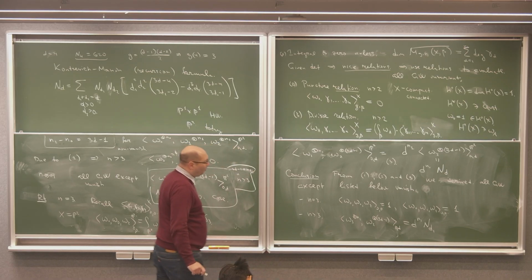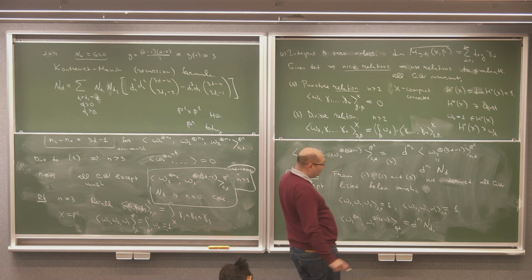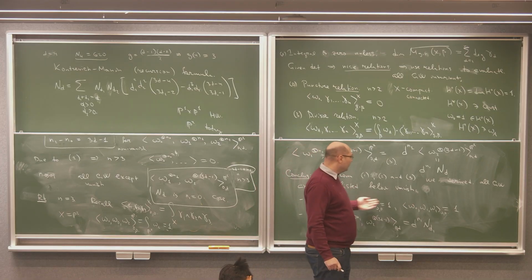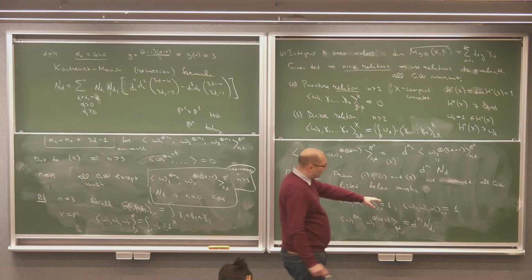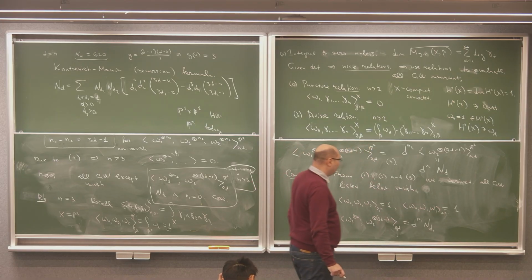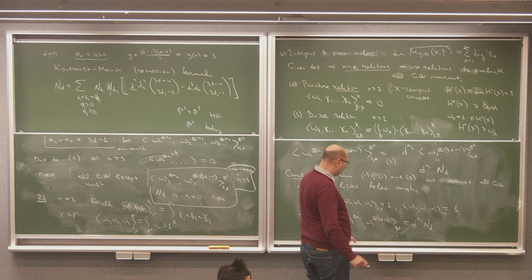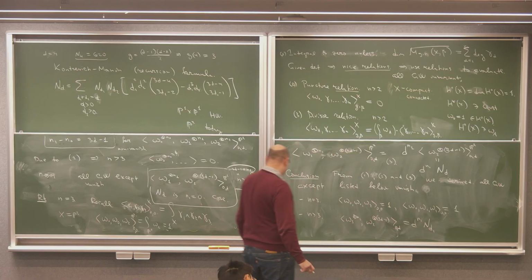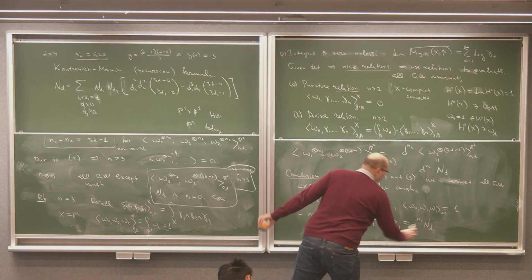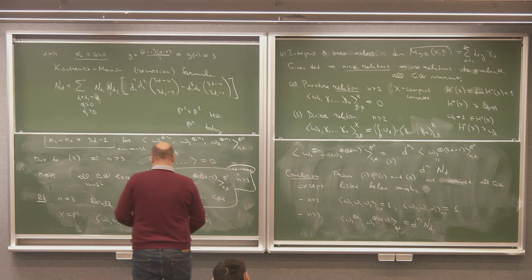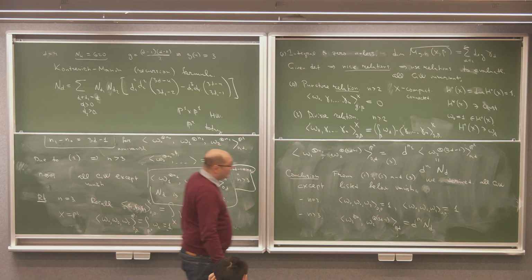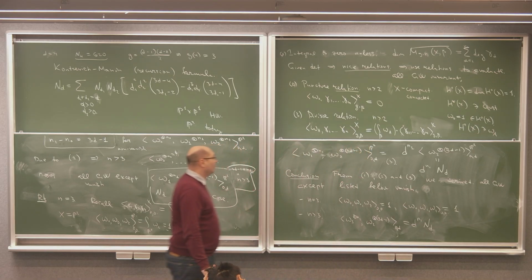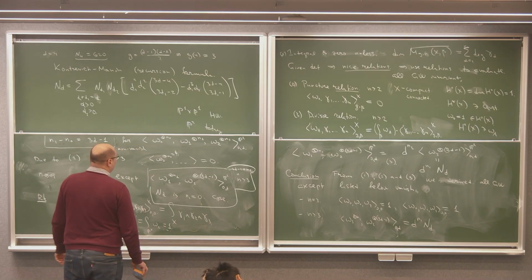So all Gromov invariants except these vanish, and furthermore we have these simple invariants for n equals 3 that equal 1, and all the interesting ones are expressed in terms of N_d and d. Indeed, given that we can compute numbers N_d, we can compute all Gromov invariants for P2.